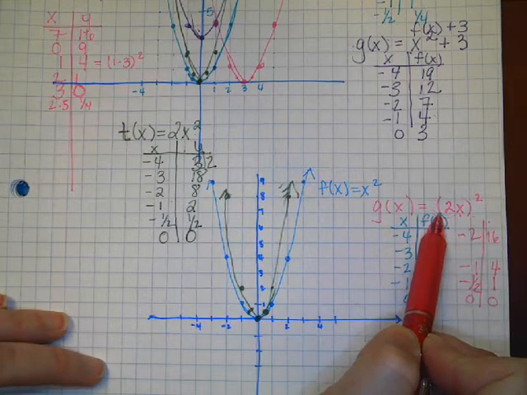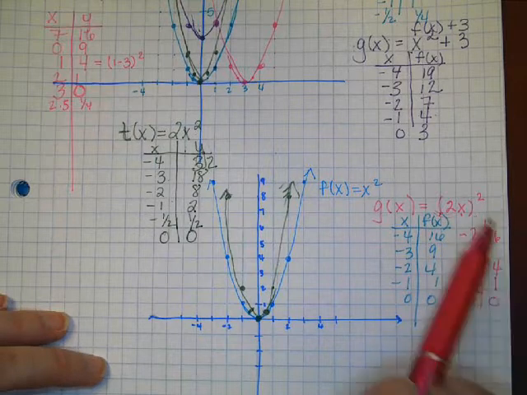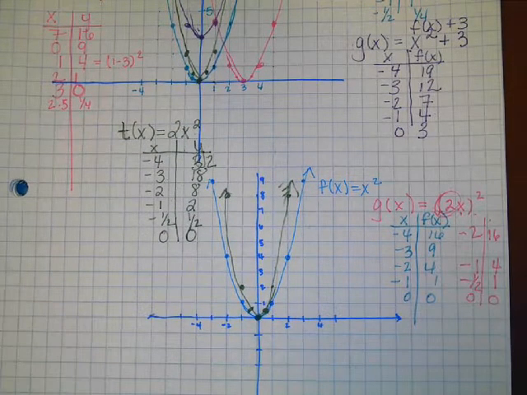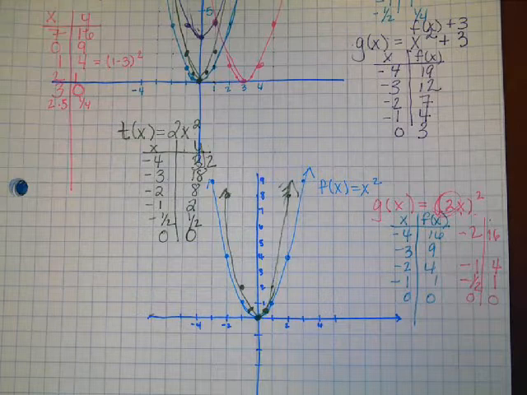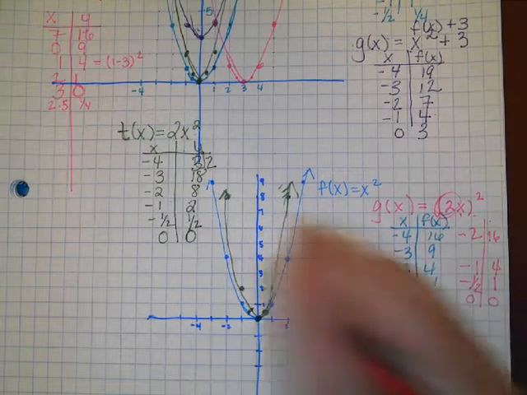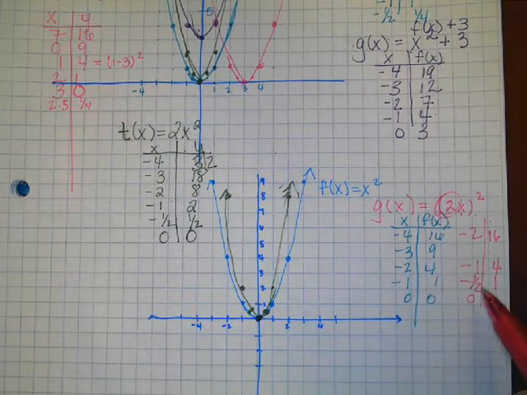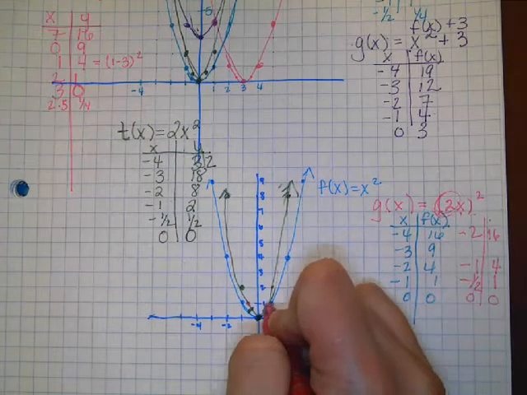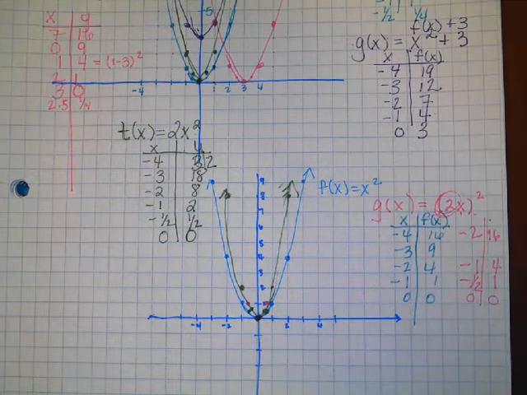Okay, so what I'm seeing is I'm actually horizontally compressing. The 2 is horizontally compressing by 1/2. It's vertically stretching, but it's horizontally compressing by 1/2. So we have 0, 0.